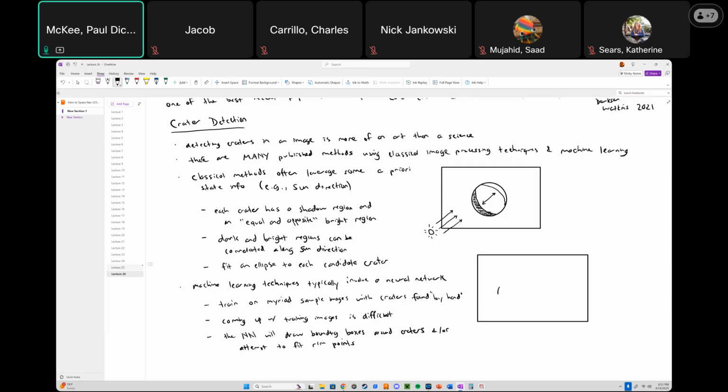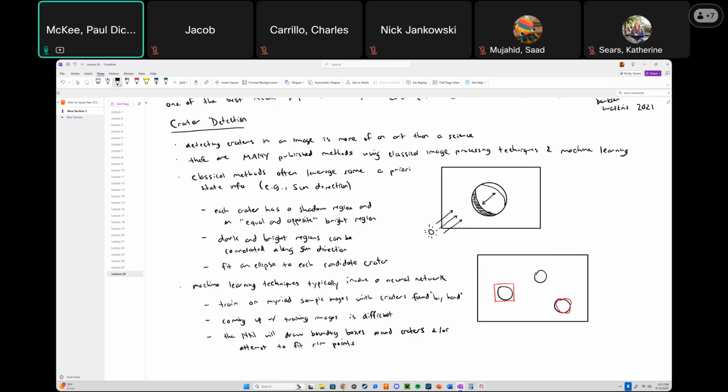So imagine that you've got a crater here, a crater here. You'll have neural nets that just draw bounding boxes and go, yep, found crater, it's right here. But that really won't do. We actually need rim points. Or you'll get one that says, yeah, I got you, boss. There's your crater. And it's like, I think I could have traced it better if I gave a crayon to a toddler. So neural nets are kind of still in their infancy in this area.